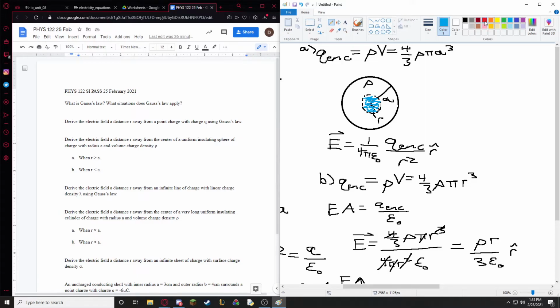But essentially, in this example, we only have to worry about the charge that is inside our Gaussian surface, and all the charge outside it is completely ignored and doesn't matter for calculating our electric field. Because remember, with Gauss's law, we only care about the enclosed charge for a symmetrical situation, and all the exterior charge can be ignored.